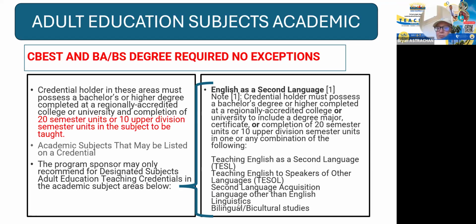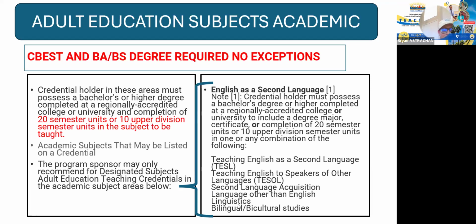So the credential holder must possess a bachelor's degree or higher, and it has to be from a regionally accredited college or university to include a degree, major, certificate. Notice that I have in bold or completion of 20 semester units or 10 upper division semester units in one or any of the following. And you can kind of see those are similar to what we talked about earlier.